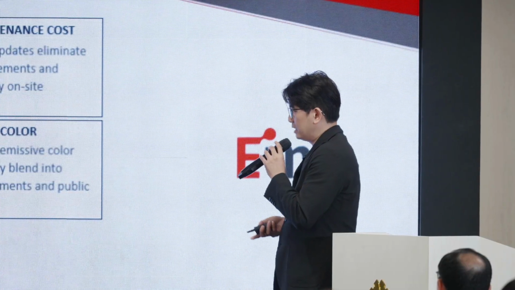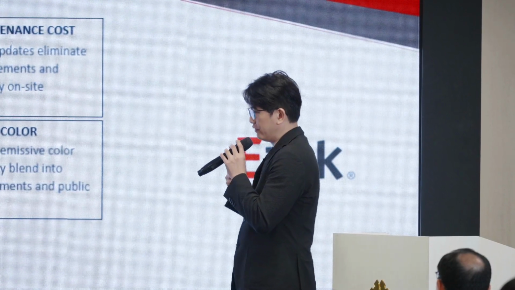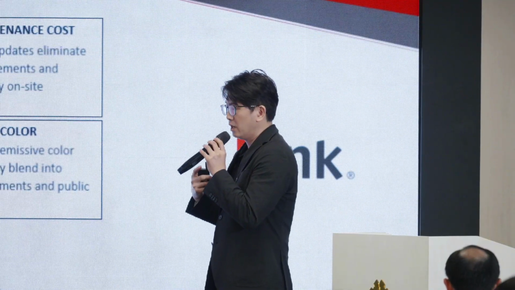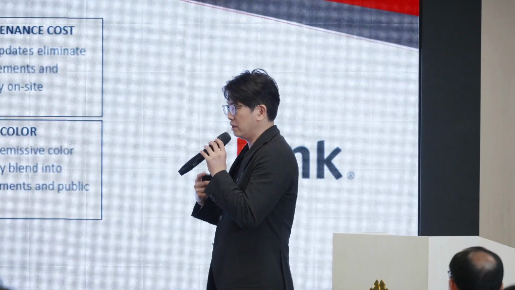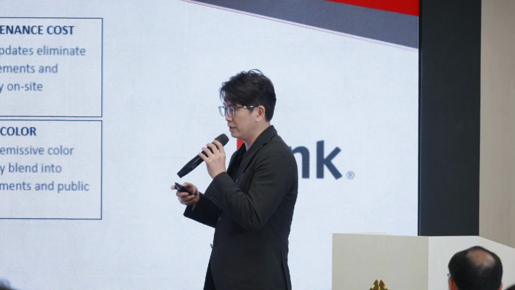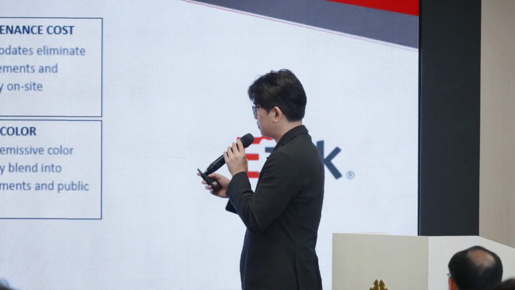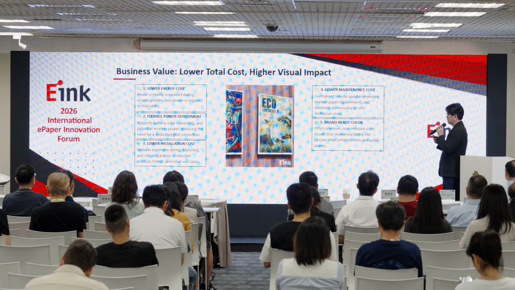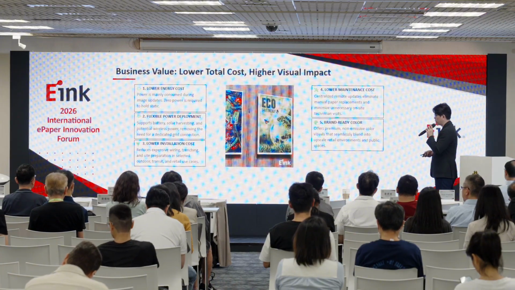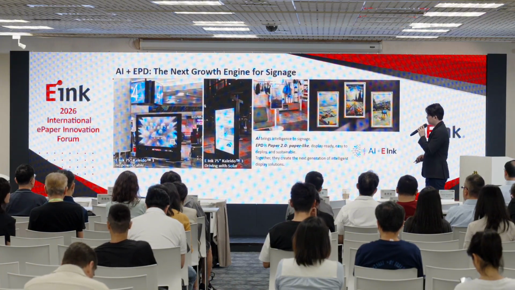Right now we have Spectra 6, and we have Marquee, so we will present better and better color products in the coming years. So it's our business value: combined with AI, we can trigger more requirements.